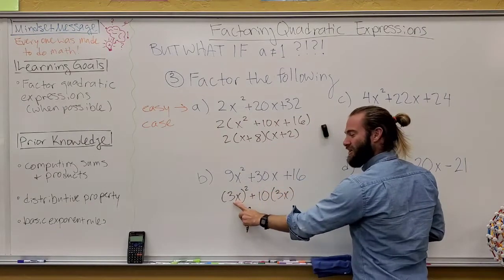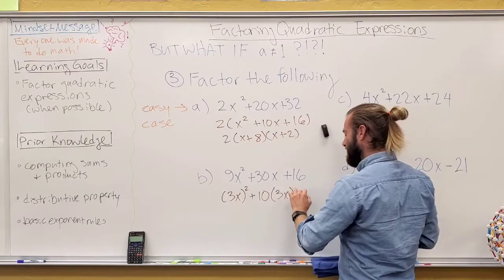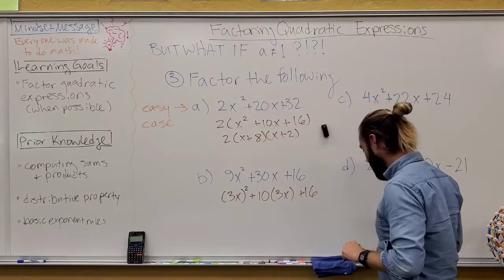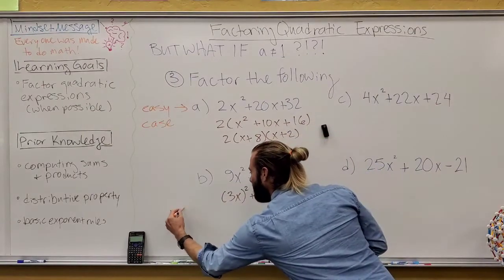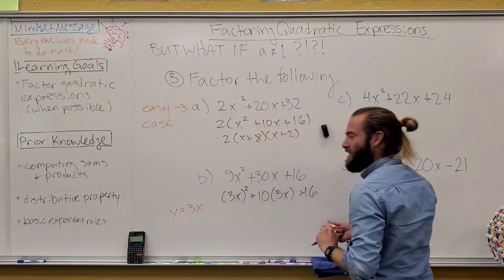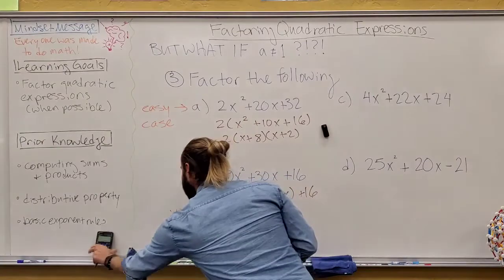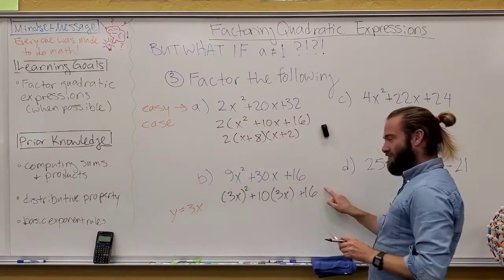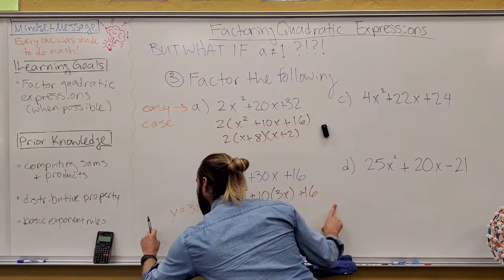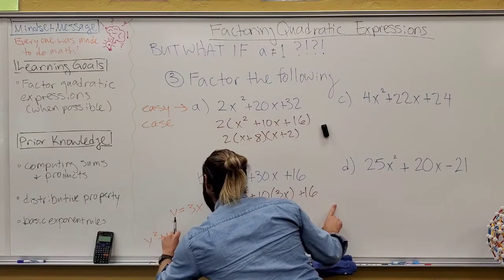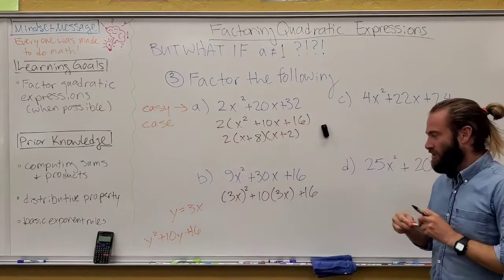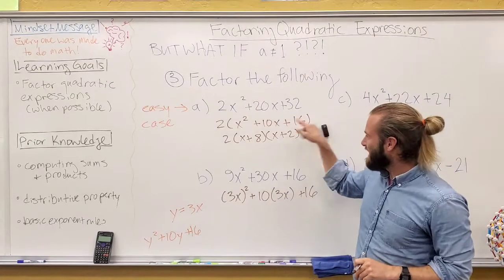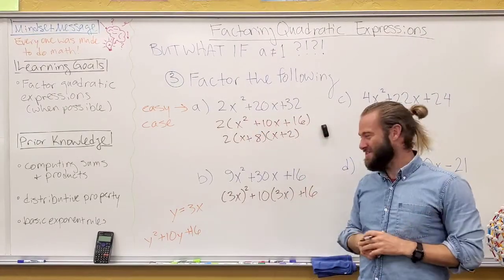So I intentionally left a 3x in there and a 3x in there, and this 16 I'm just going to leave alone. Now if you want, you can think of this 3x as being like another variable, like y, let's say. Because if we let y equal 3x, then this that I have written here really becomes y squared plus 10y plus 16. Wait a minute, that's again the same structure as that, right?